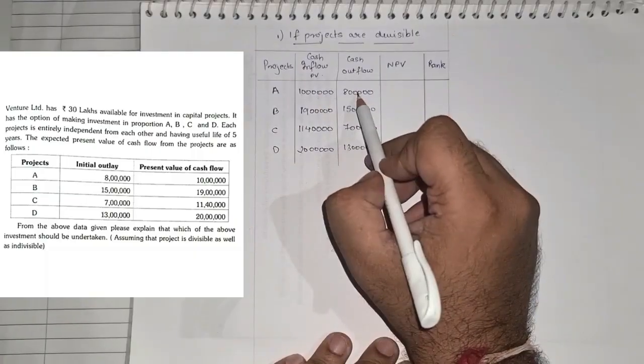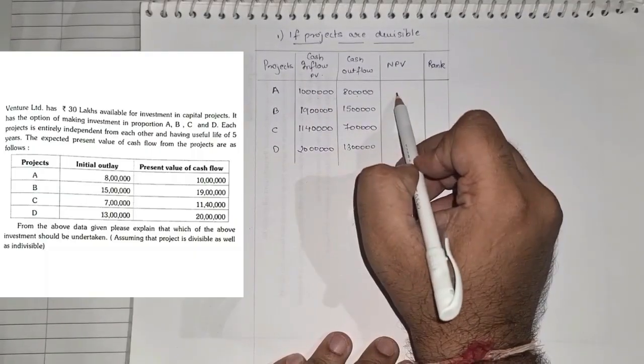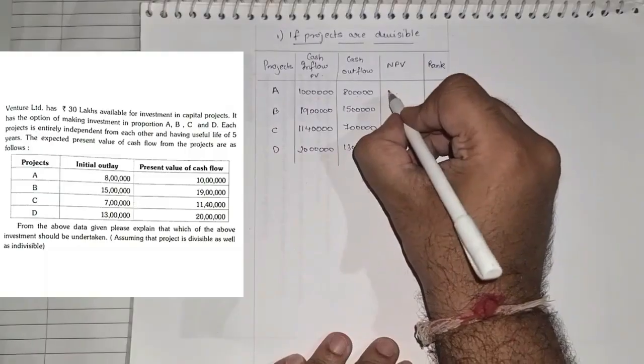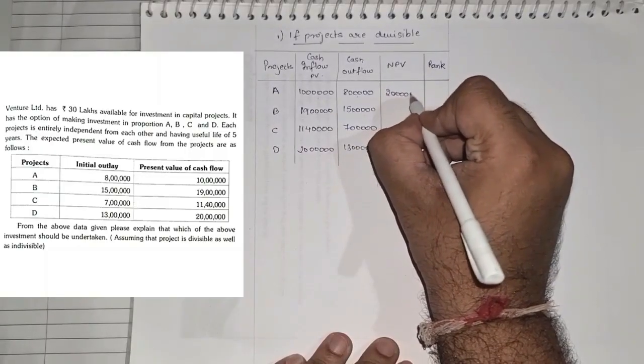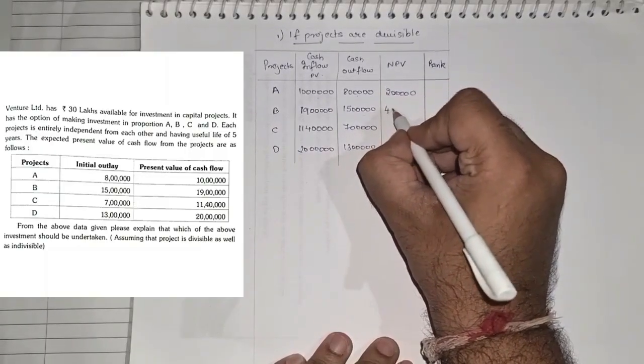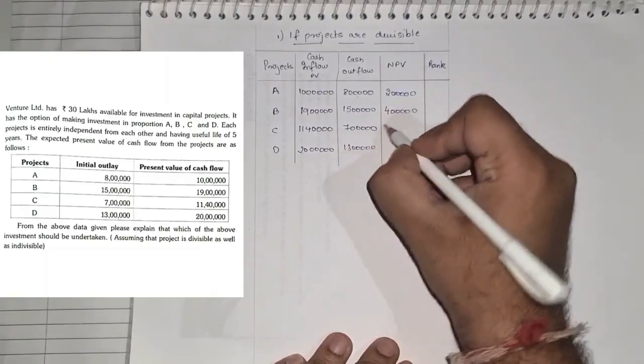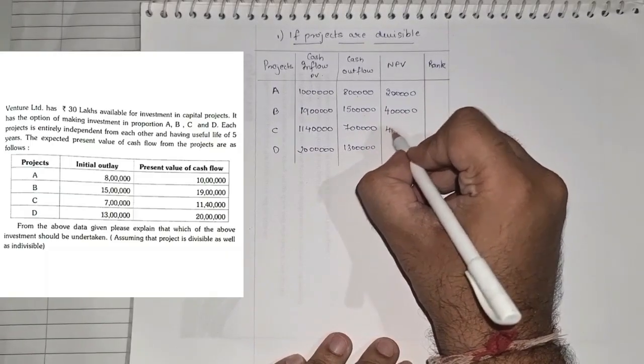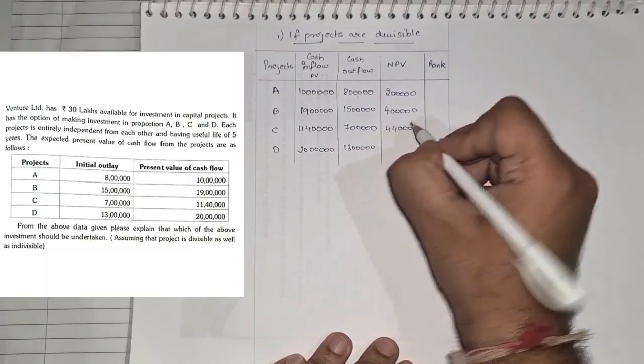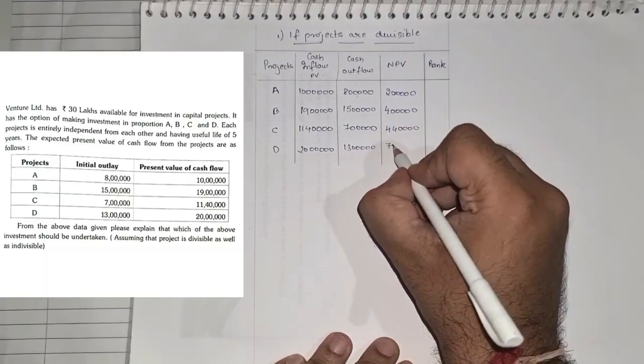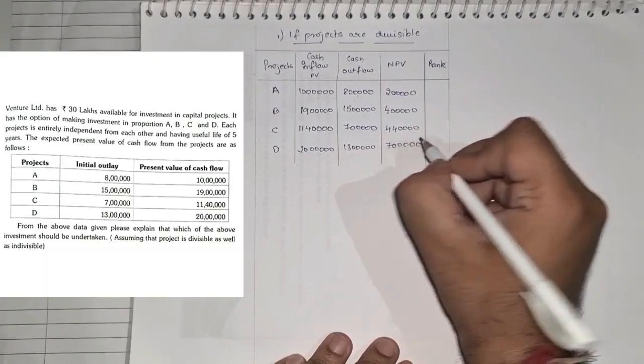Cash inflow minus cash outflow will give you NPV. So 10 minus 8 is 2 lakhs. 19 minus 15 is 4 lakhs. 11,40,000 minus 7 lakhs is 4,40,000. 20 minus 13 is 7 lakhs.